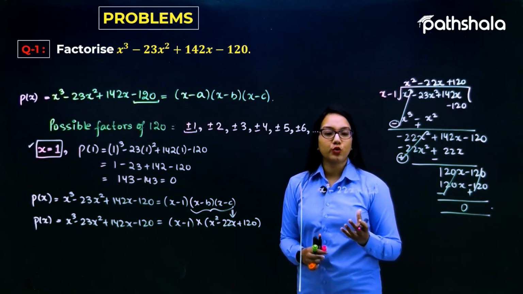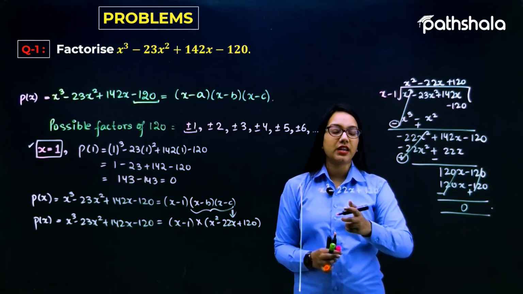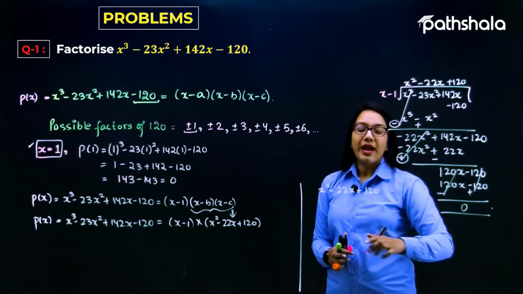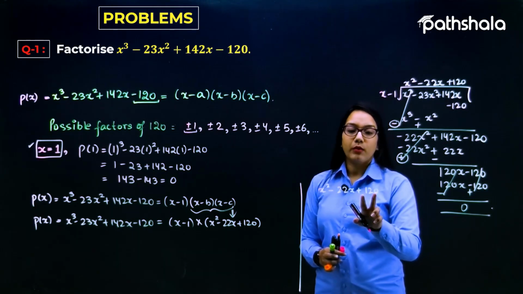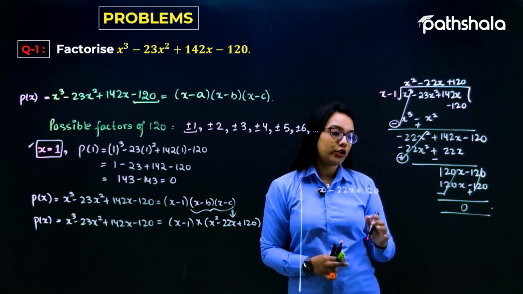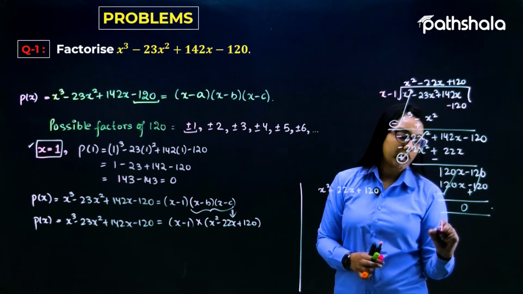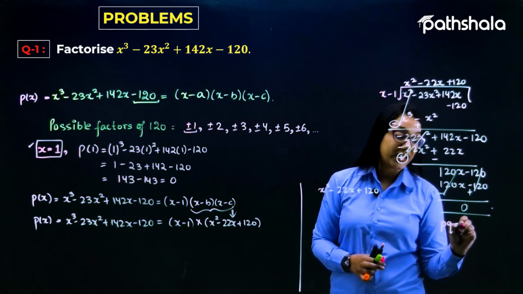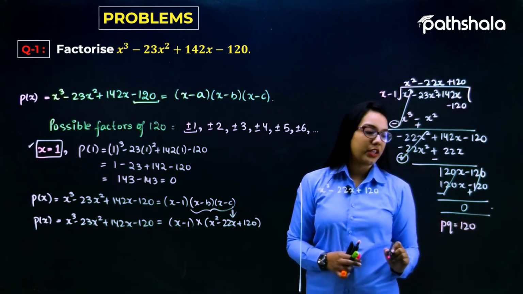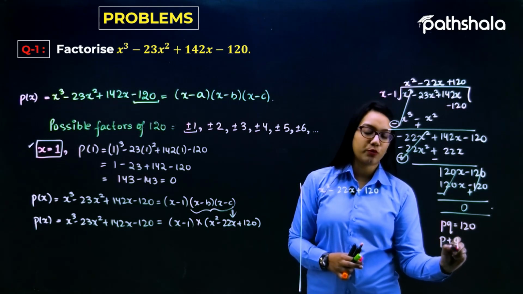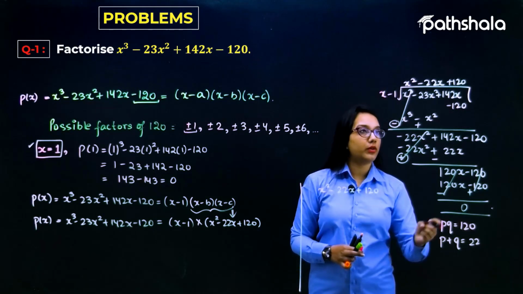Now we have to look out for the two terms p and q in such a way that p plus q should be equal to 22, and their product should be equal to 120. Whose product should be equal to AC. A is already 1 over here, C is nothing but 120. So we have to look out for PQ which is equal to 120, and P plus Q should be equal to 22.